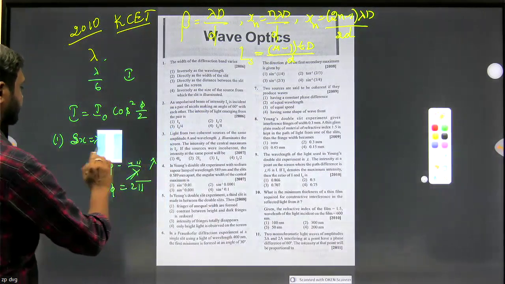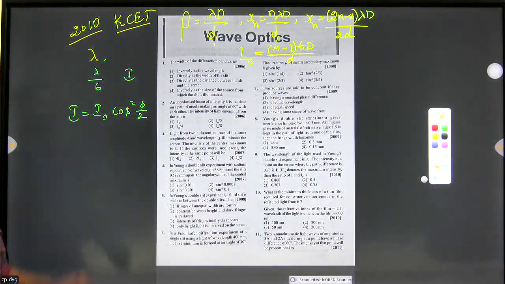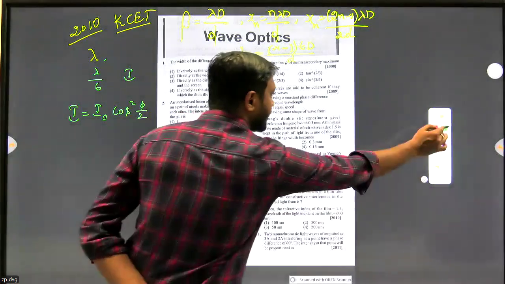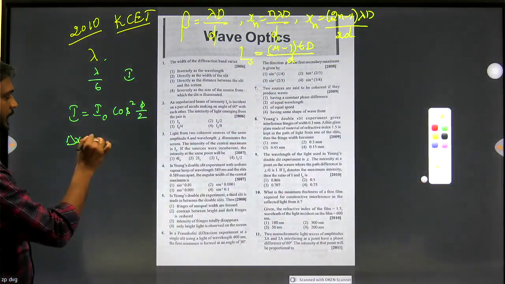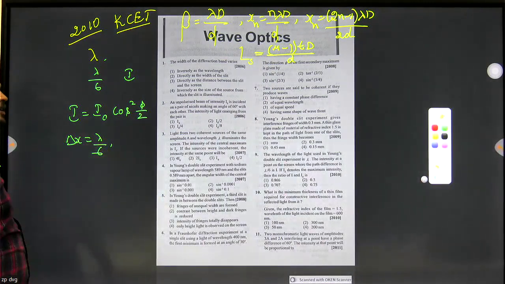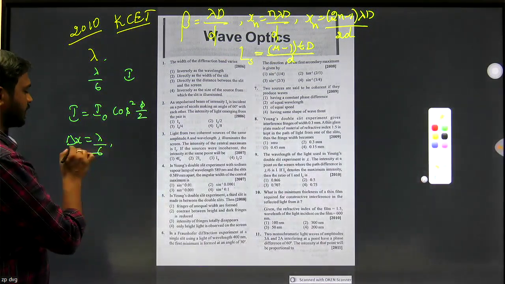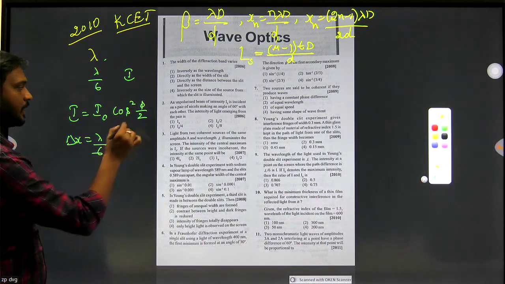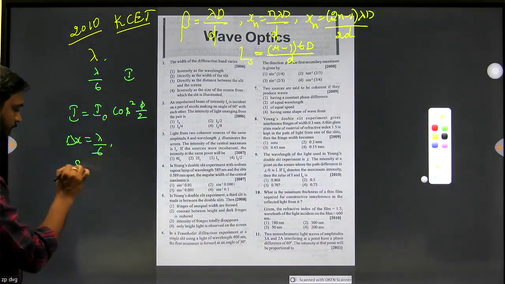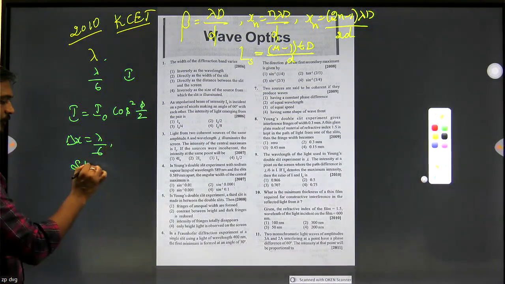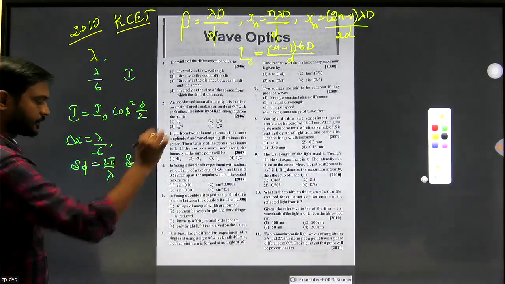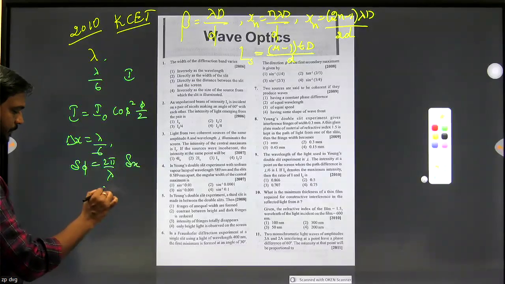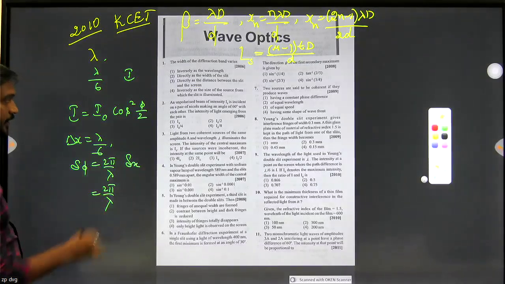The formula is I equals I naught cos square phi by 2. Here delta x is lambda by 6, and we can put it directly in the equation. The formula of phase difference and path difference is delta phi equals 2 pi by lambda into delta x.